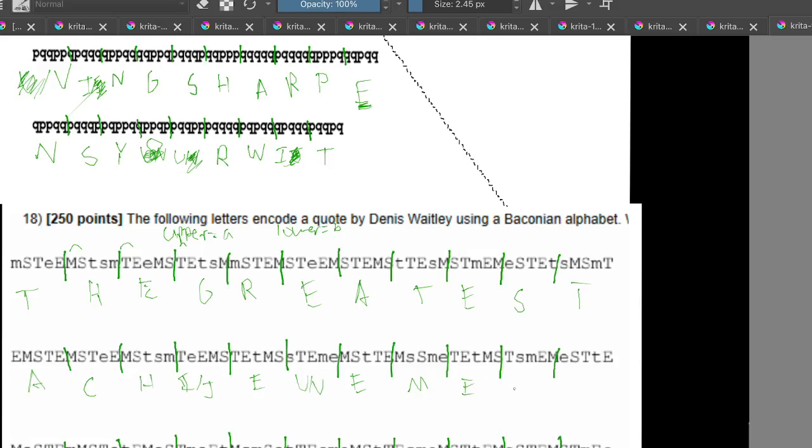ABBAA is an N. And BAABBBABA is a T. So based off this, I think I can start looking at which ones are I's and J's and the U and V, because it's the greatest achievement, is what I think. So I'm going to assume that that's correct and cross out the J and then cross out the U. Okay. I, J.